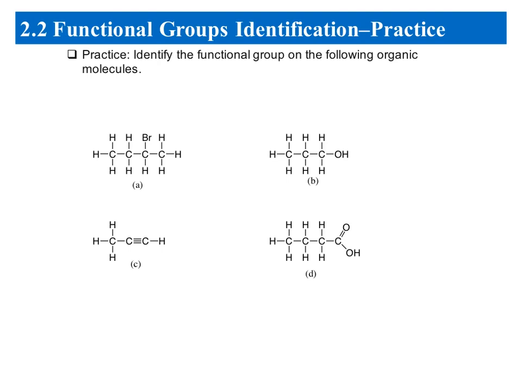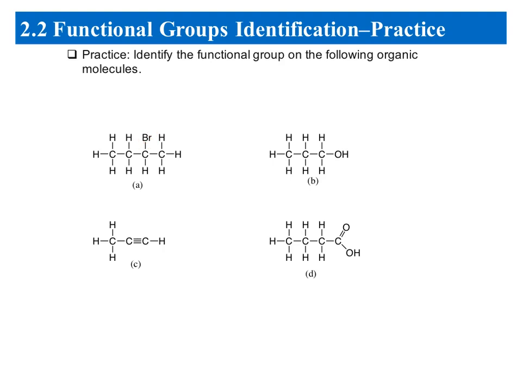So this molecule right here, we have a chain of hydrocarbon, and one of the hydrogens is replaced with bromine, which is a halogen. So we call that functional group an alkyl halide because it is made out of alkane and halogen.